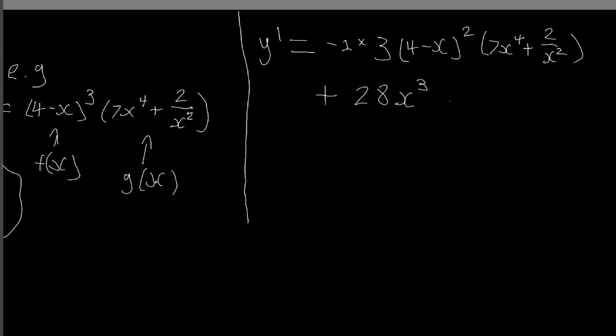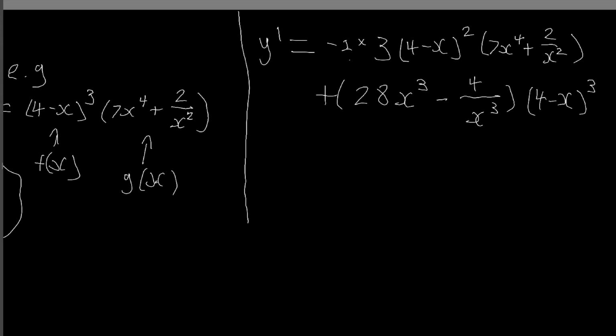So we'll have 2 multiplied by negative 2, which is negative 4. And then the power reduces by 1, so we end up with x to the power of negative 3. So we have x cubed in our denominator here. And then we are just going to multiply by our other function itself, (4 minus x) cubed. There we go. That's our derivative.